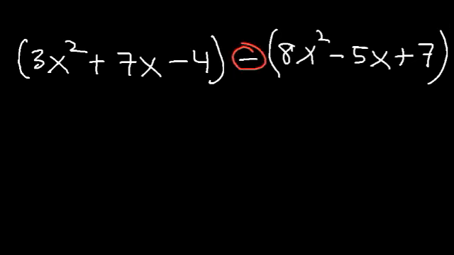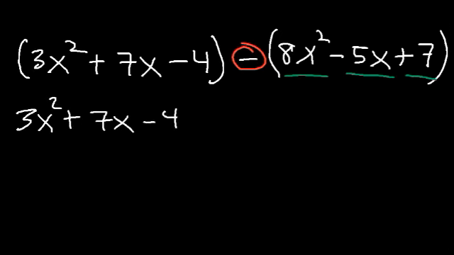We need to distribute the negative sign to the three terms on the right. So for the three numbers on the left, we don't have anything in front of the parentheses. So we could simply open it. We don't need the parentheses on the left side. So it's simply 3x squared plus 7x minus 4. Now you can treat this as a negative 1.